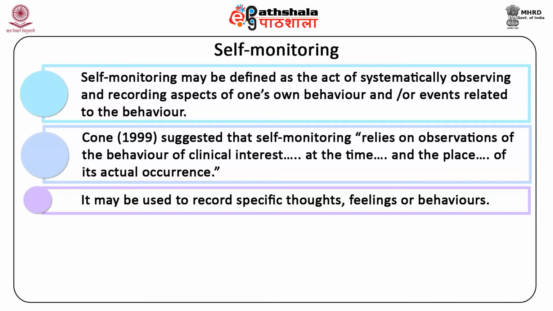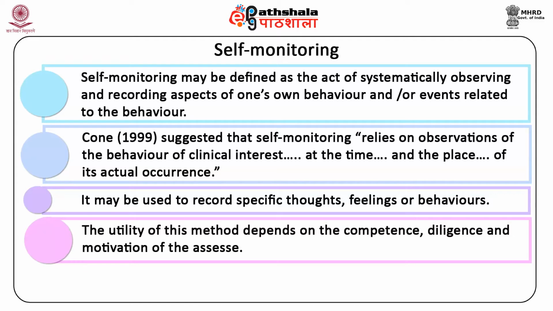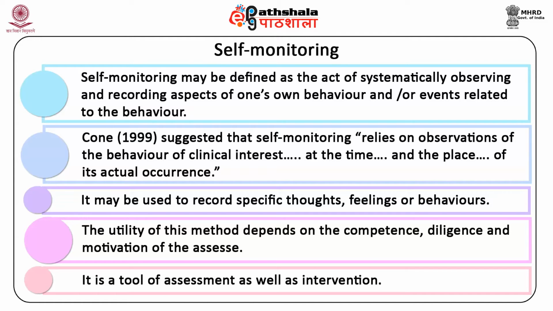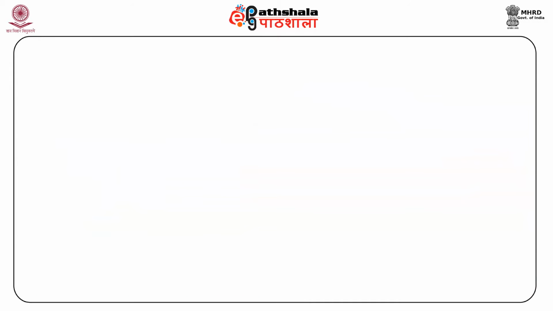It may be used to record specific thoughts, feelings, or behaviors. The utility of this method depends on the competence, diligence, and motivation of the assessee. It is a tool of assessment as well as intervention.